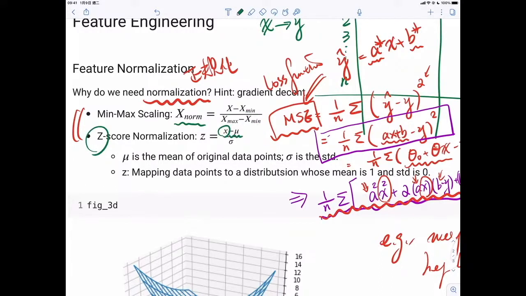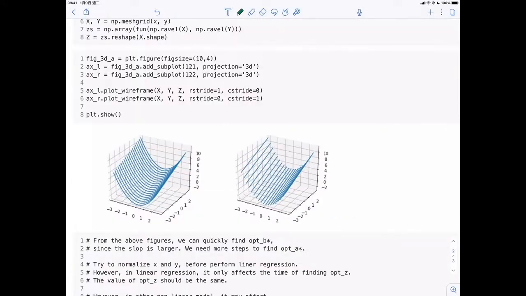You subtract the mean value from the value and divide by your standard deviation, and you get the z-score. I believe you learned it when you learned normal distribution. So that is a z-score. You can do either of them, and that is for the gradient descent, right? And that is the MSE value.